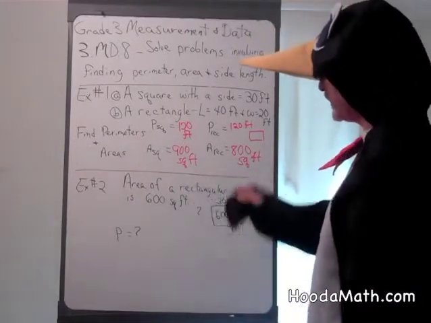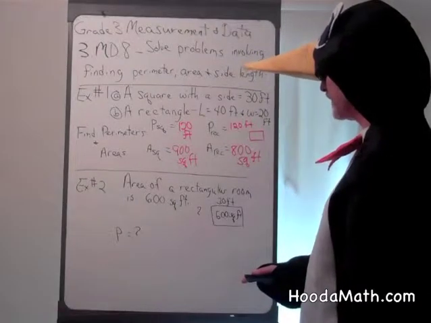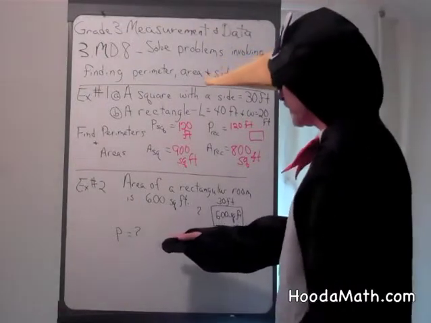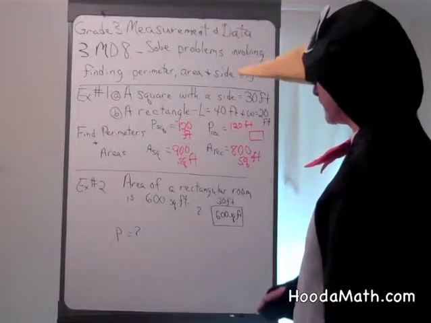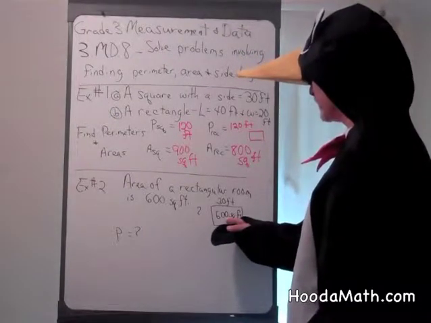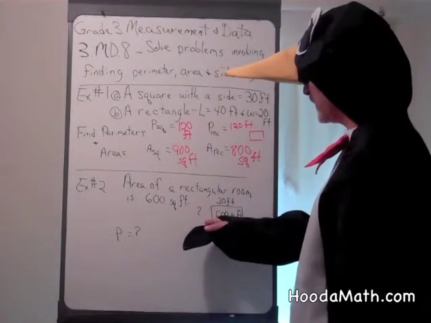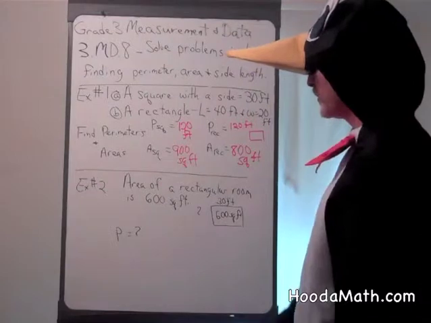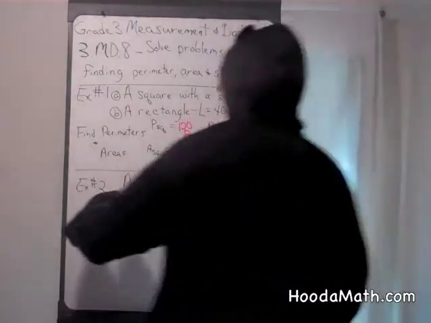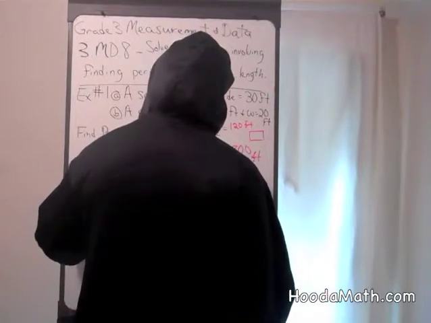Now let's say we know the area of a rectangle and we want to find the perimeter and the side length. Well, if the area is 600 and one of the sides is 30, how do we get the length of the other side? Well, we know that area equals length times width.